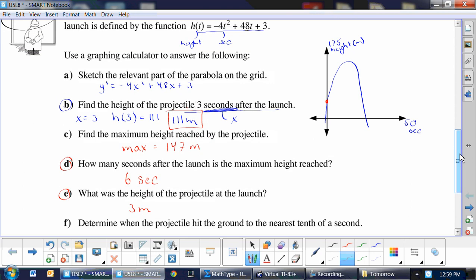When we look at this graph, it looks like a cannon or something with its path in the air. It goes up, and it comes back down, and it's going to hit the ground right there. That's the ground, so we know that the x-intercept is when it hits the ground.